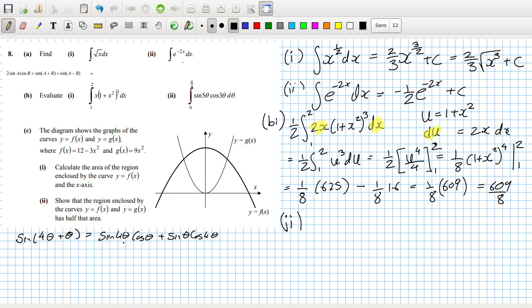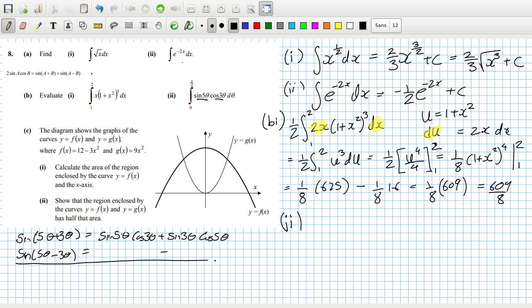But I see I was doing it wrong, because what I'm trying to make is sine 5 theta cos 3 theta. So I should have said 5 theta plus 3 theta. Then you could have sine 5 theta cos 3 theta plus sine 3 theta cos 5 theta. And then sine 5 theta minus 3 theta is the exact same thing, but with a minus here.